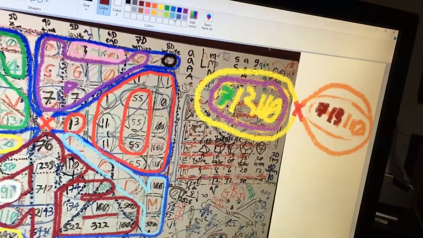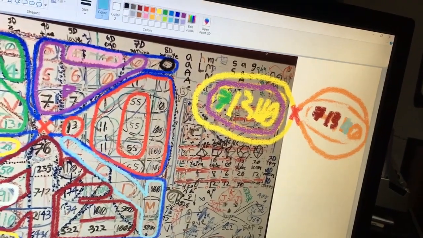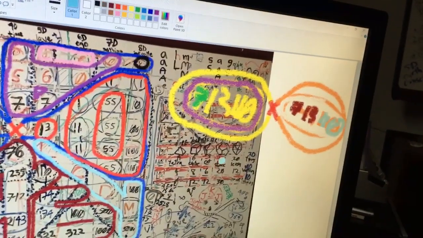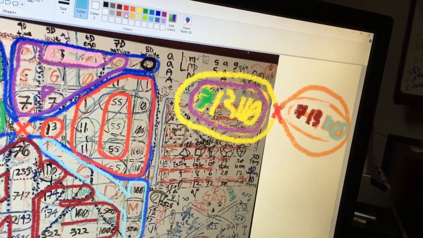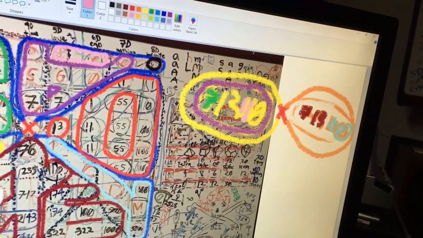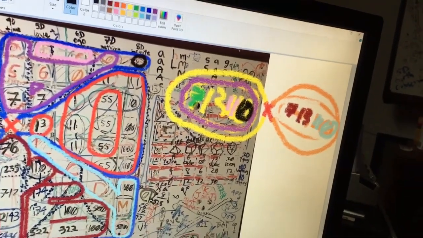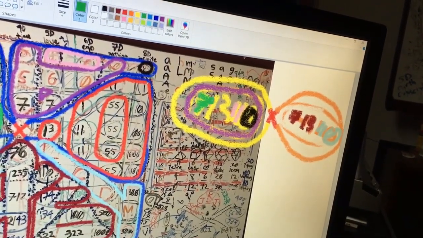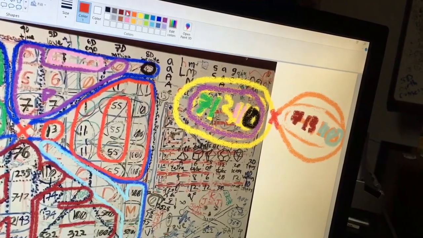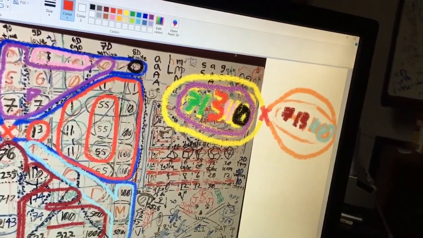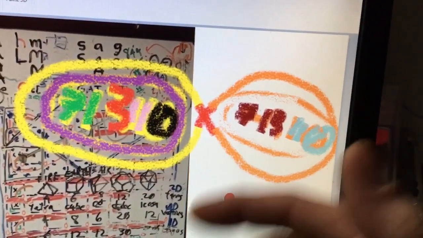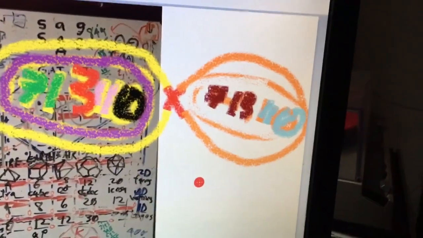And your 110 is going to come from your T. And your 110 here is going to come from the pink line and the black dot. And your 13 here is going to come from a combination of the green and the red. So it's making 2 1 of 7 of 13s. 2.7. That's what it is.